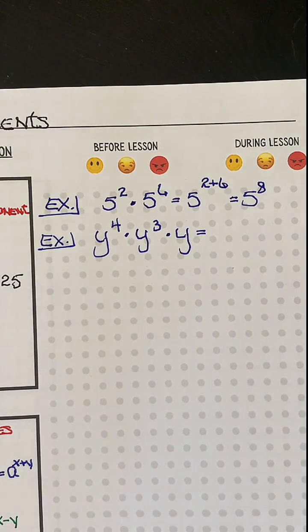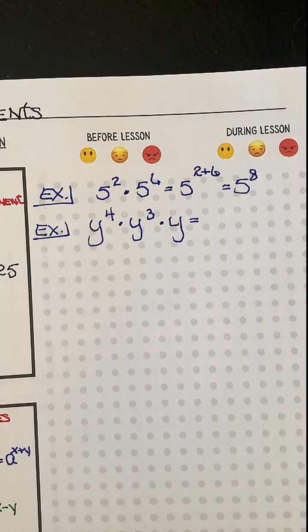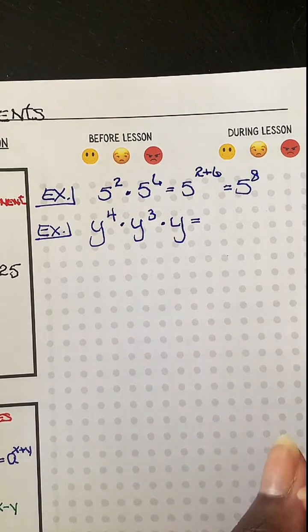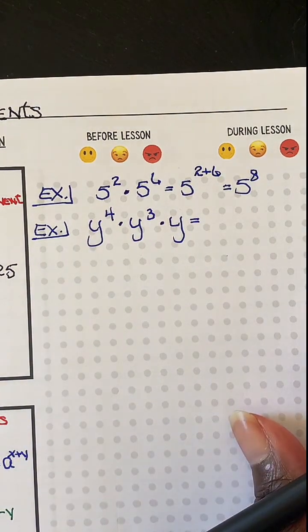So we got y to the 7th and we got y to the 8th. What's missing? Okay, we have a mixture. What's missing?